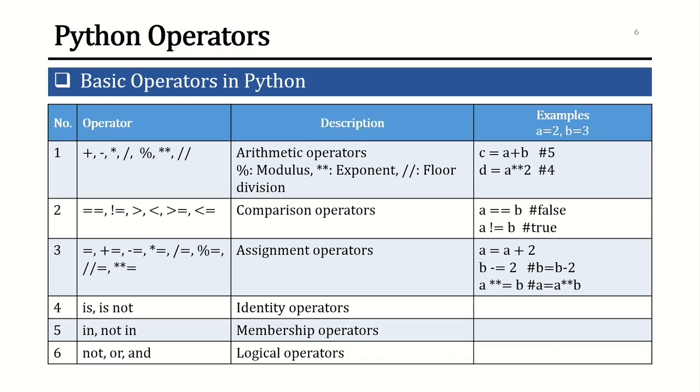All right. So next we will take a look on Python operators, how we can operate operations, what are those operations that we can perform. For example, we have arithmetic operators. I think you already know this.